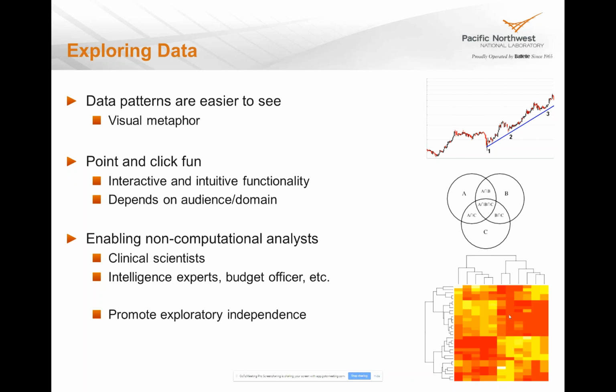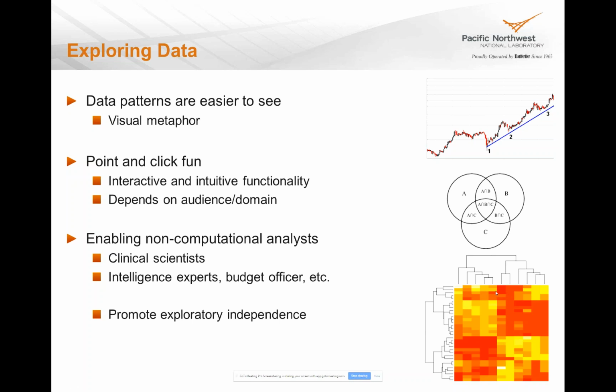So I put 3 common ones over here on the right side. This, I think as soon as most people look at it, they recognize that this is a trend that has something to do with time. And that information is immediately conveyed because we've been working in it long enough that we recognize it. This is a Venn diagram, and it deals with set overlaps, or how things are similar to each other, how many things are shared.